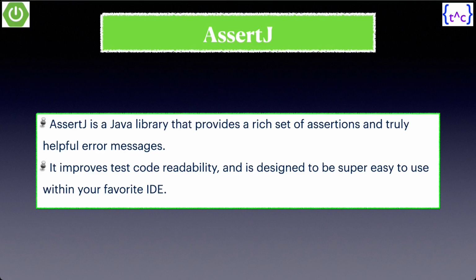Whenever I'm writing a piece of logic or code, as a developer, there should be somewhere in my mind that, okay, I have written method 1, so when I give this kind of input to method 1, what should be the output when this method 1 gets executed? That functionality or method behavior can be checked with the help of assertions. I'll shortly show you how you can do that.